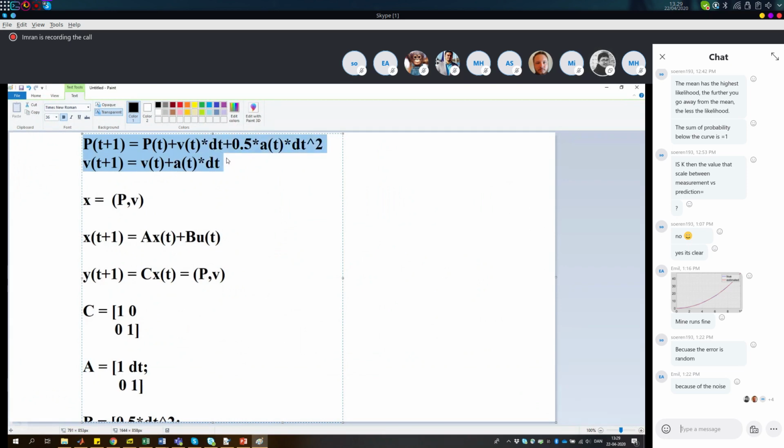So let's say we think about drones moving in one direction. So this one is the position of the drones, not the sensor.